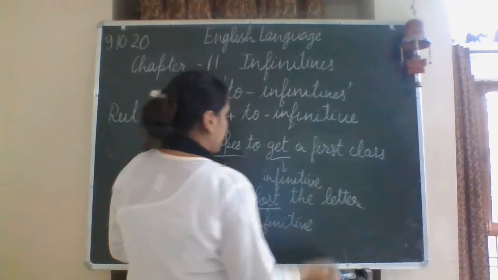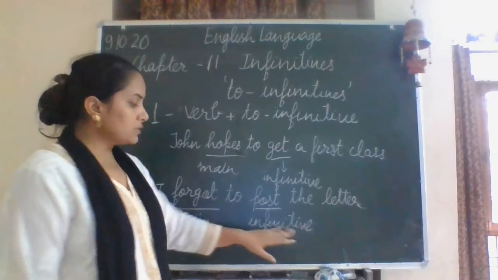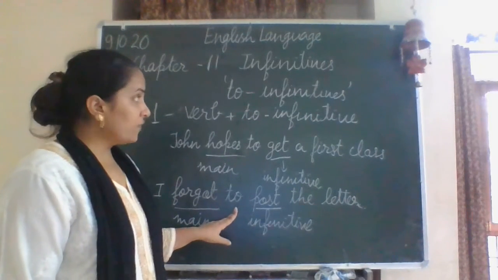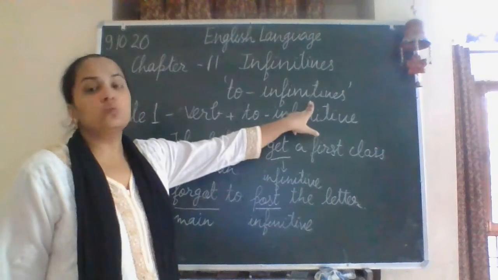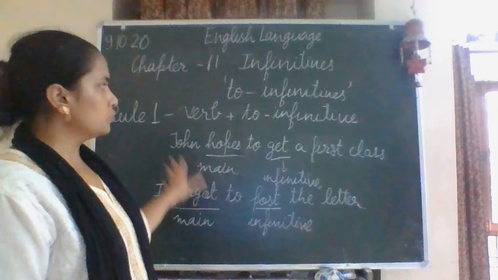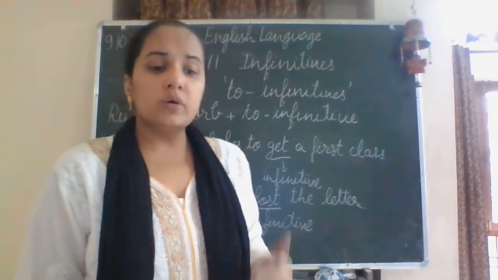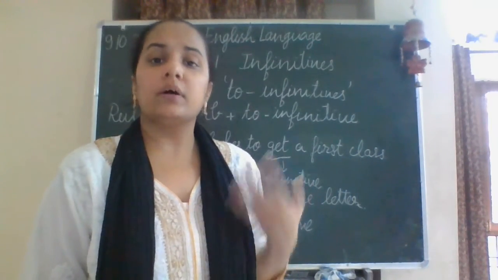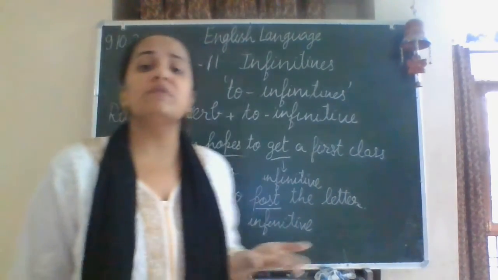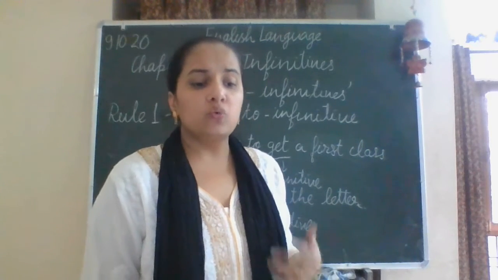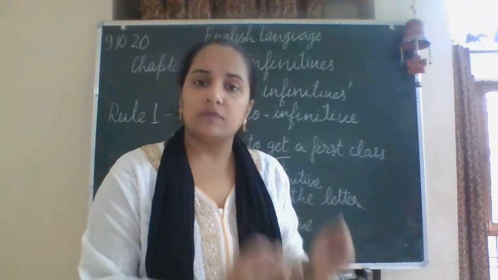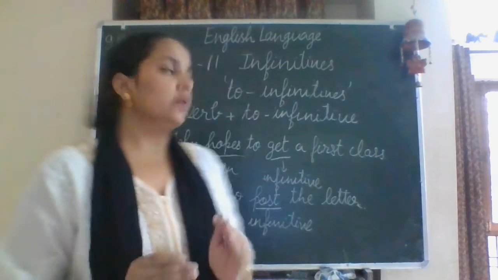Here we are discussing only those infinitives in which we are using to, which are known as to infinitives. So this is the most common form of the to infinitive where it is used after a verb, and this is the first rule. Now we will move towards the second rule in which there can be an object between the verb and the to infinitive.